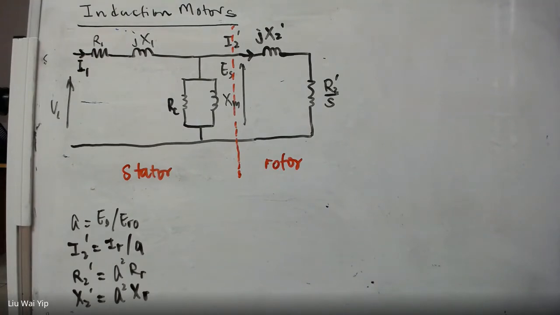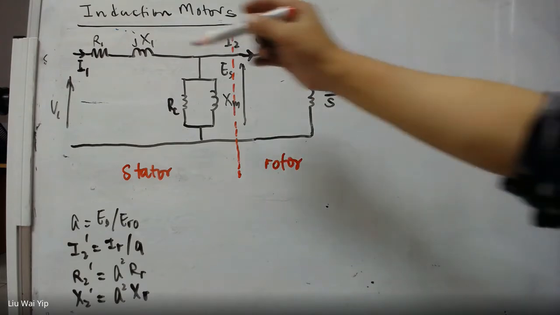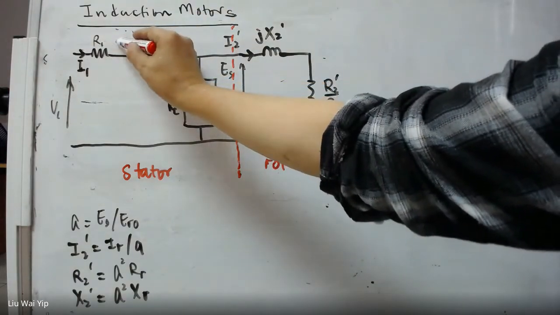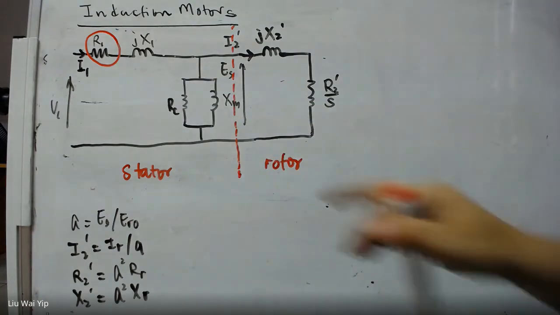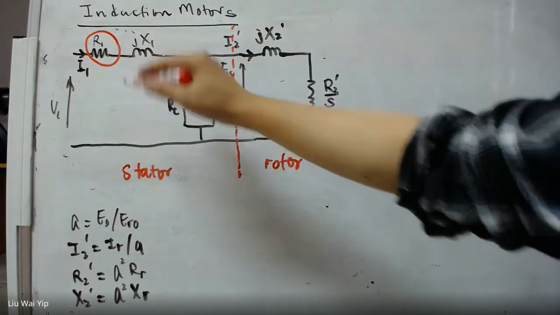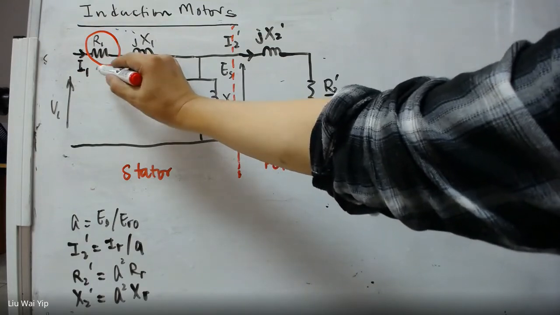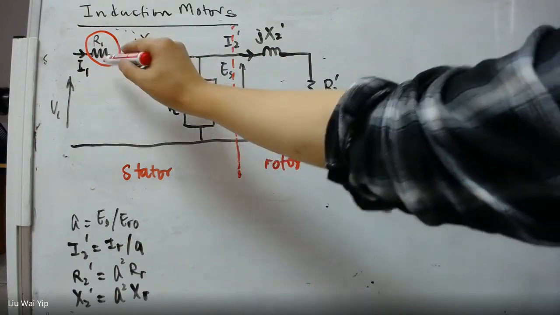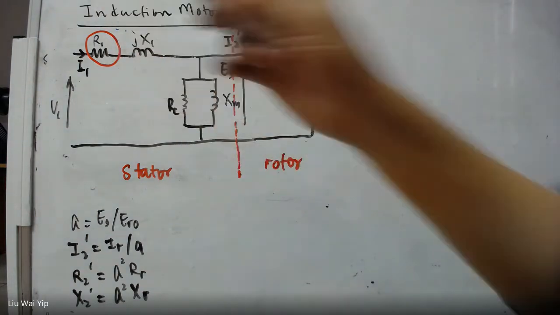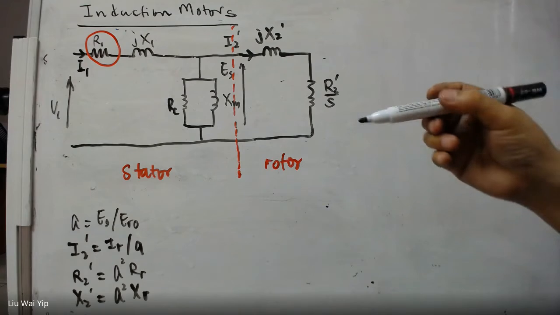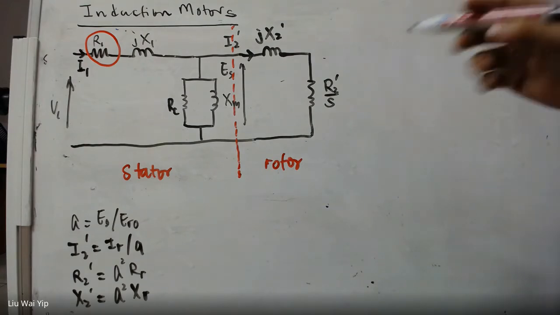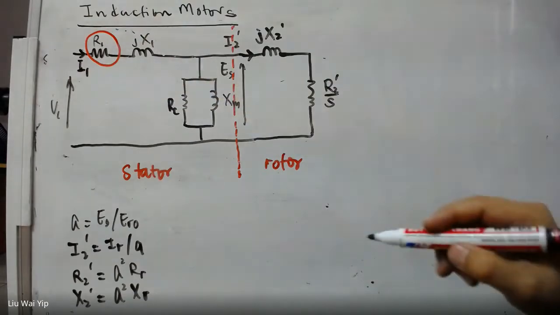Now, first of all, this circuit can be meaningfully used to model the power, the torque, and even the torque-speed characteristic. First of all, we have a resistance here, and this resistance is due to the stator winding loss. Let's write this down first. R1 is used to model the stator winding loss.